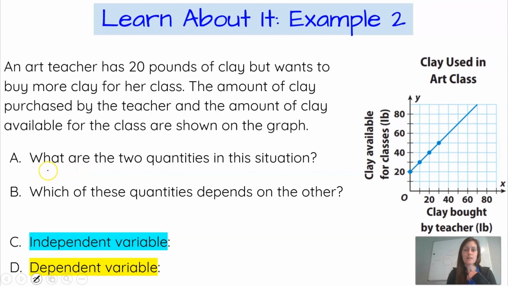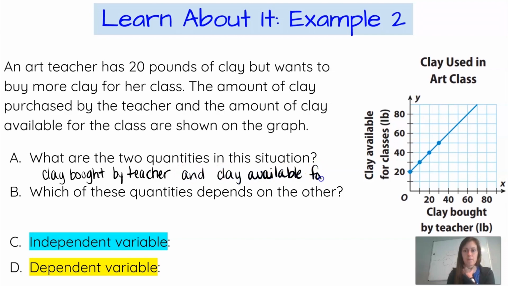So the two quantities in this situation are the clay bought by the teacher and the clay available for the classes. So the next question asks me to identify which quantity depends on the other. So I'm going to use my same 2 sentences as I did before.